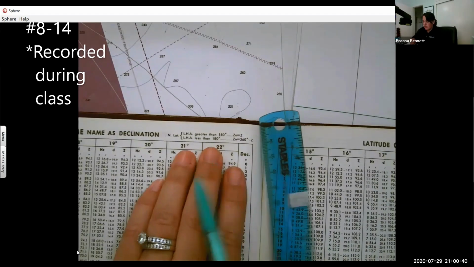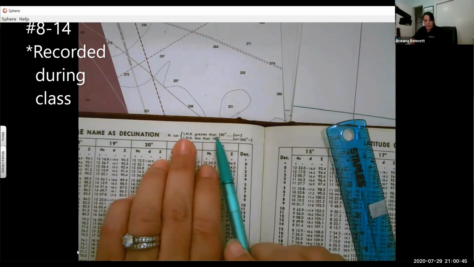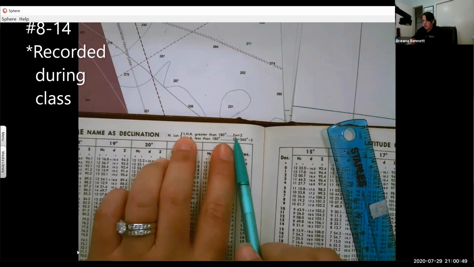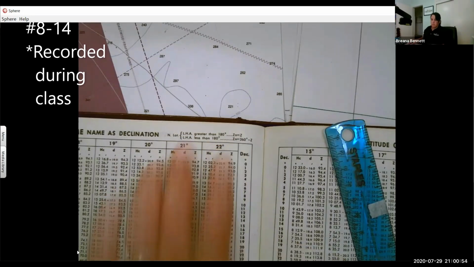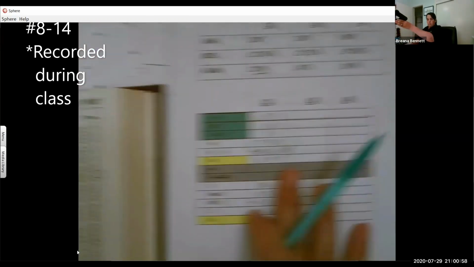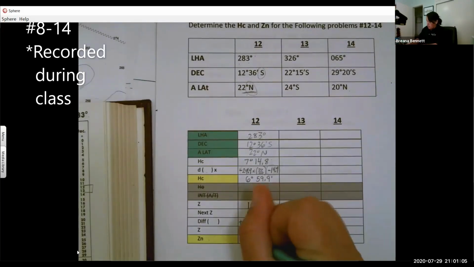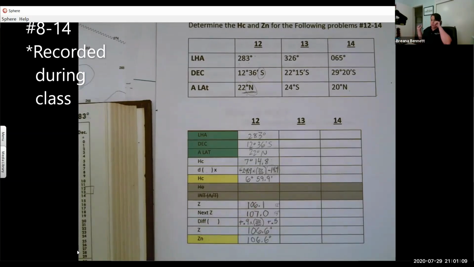So 283 is going to be greater than 180. LHA is greater than 180, so our Zn is equal to Z. So we go back to this guy. Our Zn is equal to Z. We don't need to change it in any way. So our Zn is 106.6.